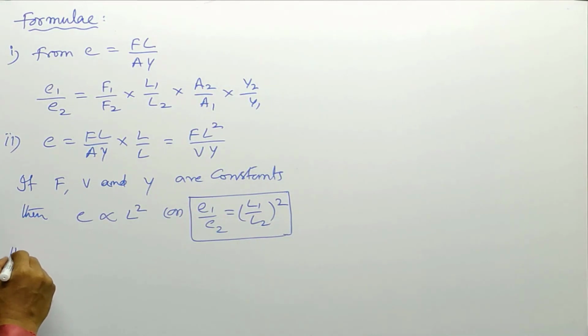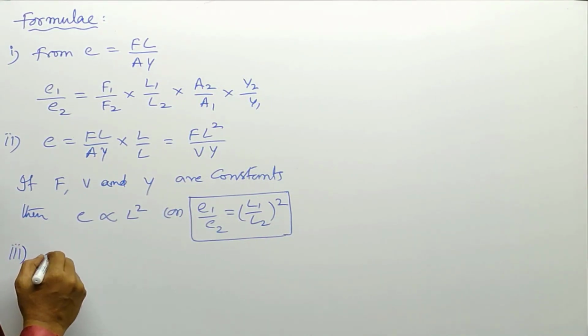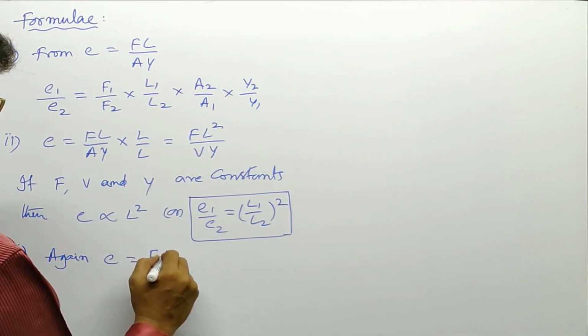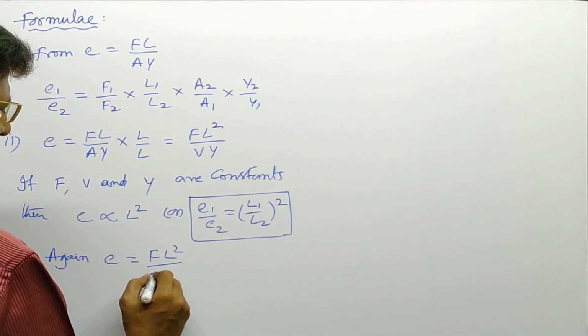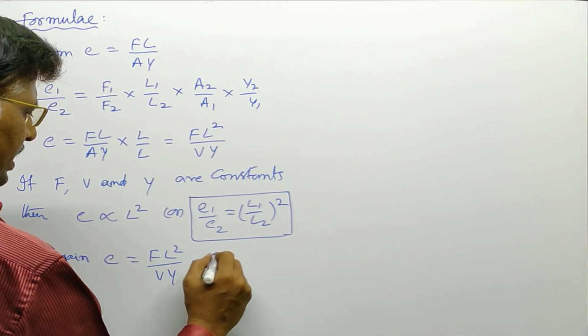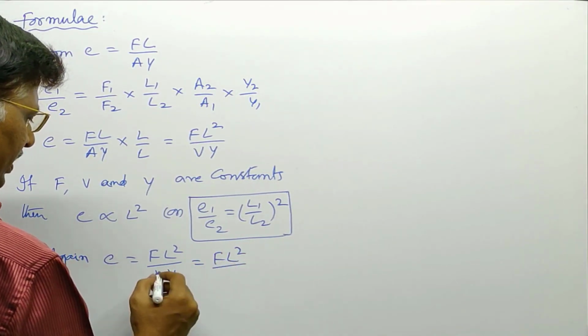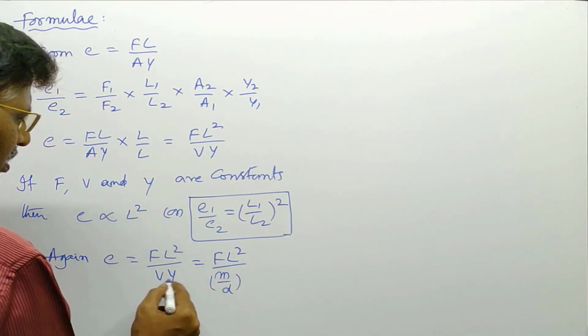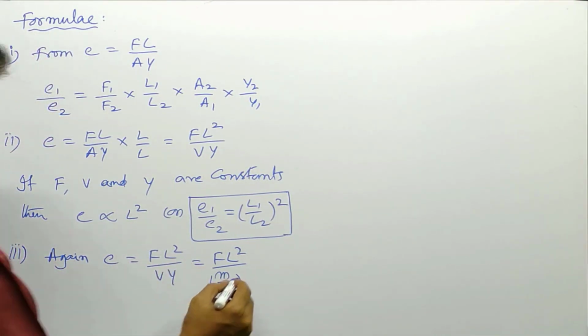From the same formula, again, E is equal to FL square by VY. Same formula we are taking here, FL square divided by V, where volume V can be written as mass by density.